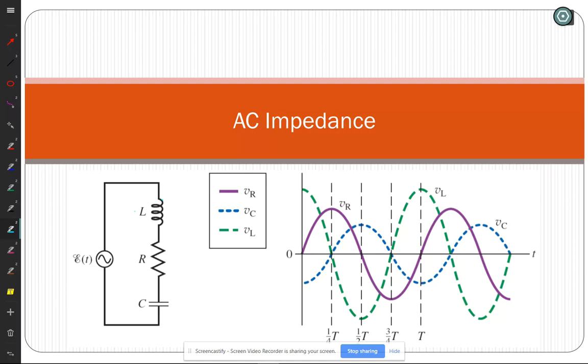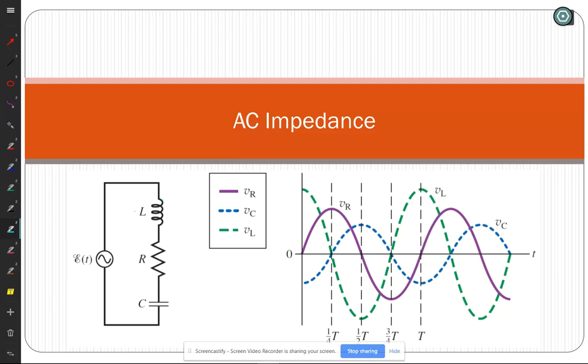Because the inductors respond to changing current, if you have a sinusoidal voltage, so this purple line is going to be our sinusoidal current, let's say. So the purple line, which is showing the voltage through the resistor, since voltage through resistor is I times R, the current is proportional to that purple line.